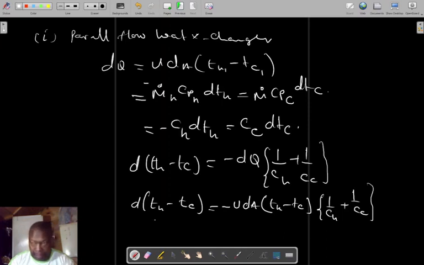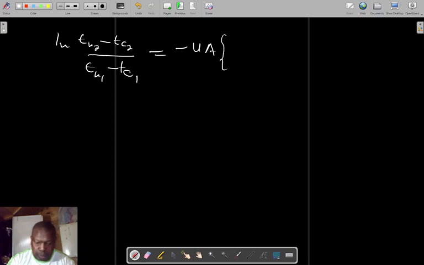So when we integrated the expression, we got ln of (Th2 minus Tc2) divided by (Th1 minus Tc1) is equal to minus UA (1 over Ch plus 1 over Cc).